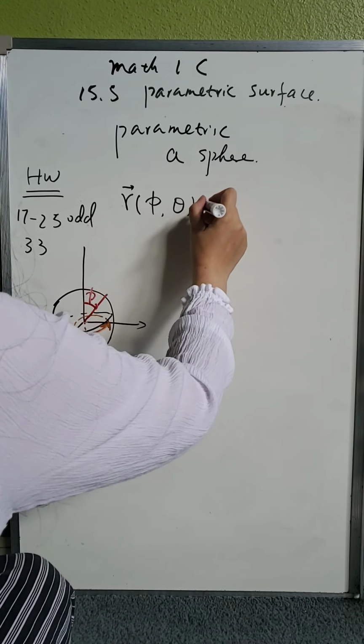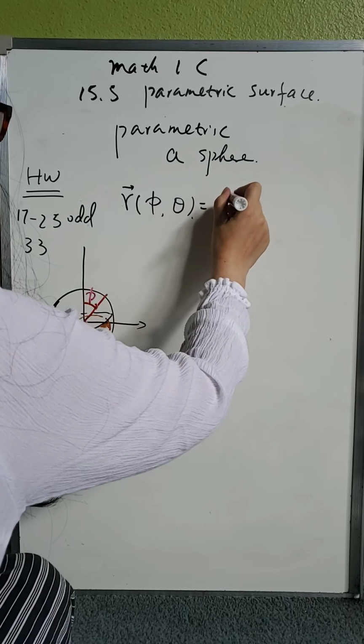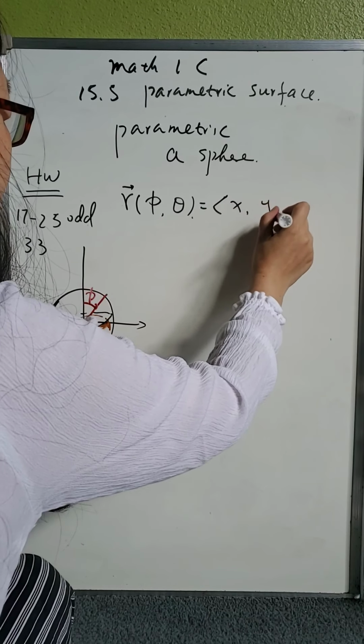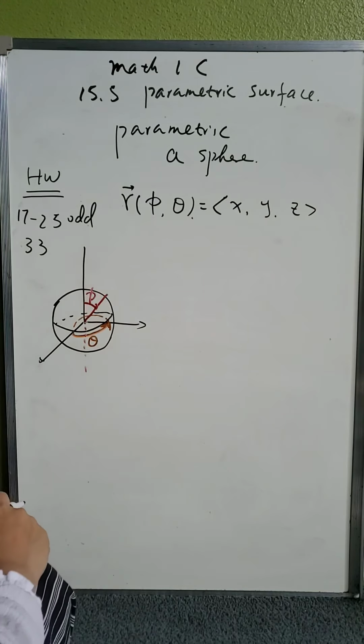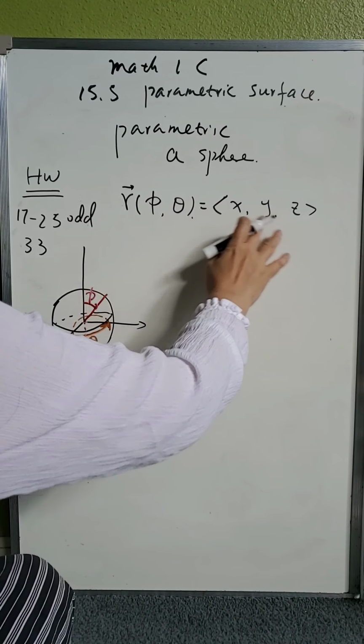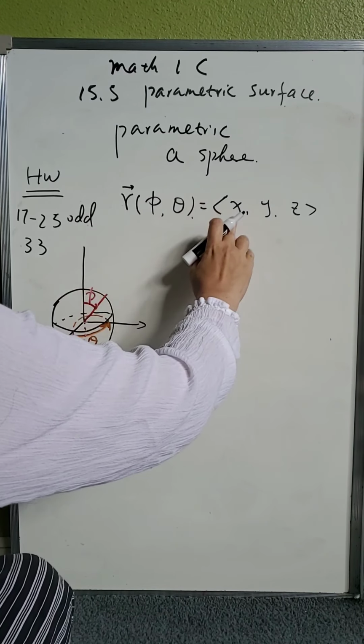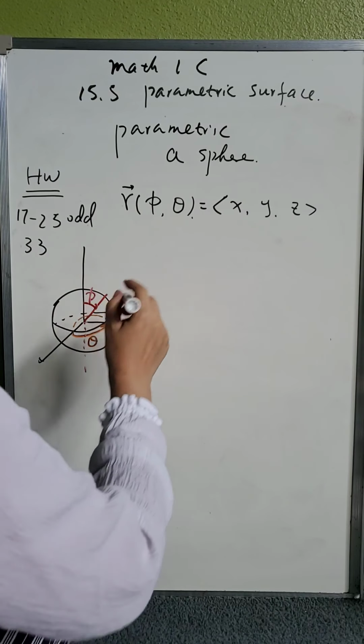Okay, it's also equal to x, y, z. Well, that's also a problem because you're not allowed to use anything not from here, right? So you need to convert. So we use spherical coordinates, okay?